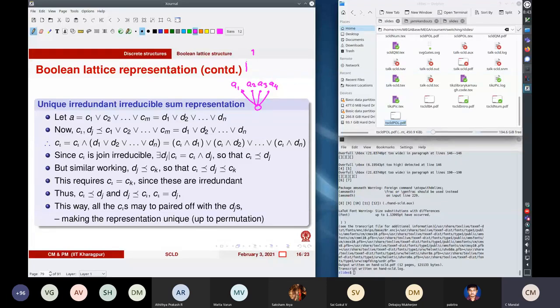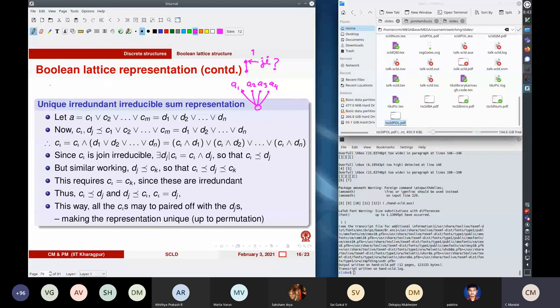If you have such a thing, then this one will be join irreducible. But is this possible in a Boolean lattice?